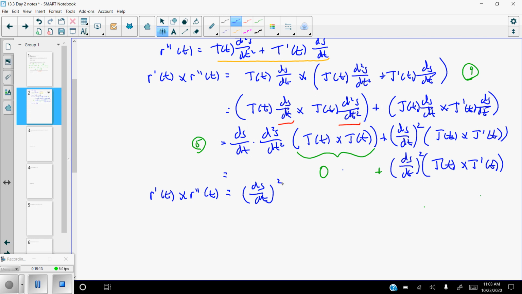Now, I do have something that says, if I have the cross product of two things, and I need to take the magnitude of those, which is what we're going to do in the next step. So now we're going to do the magnitude.